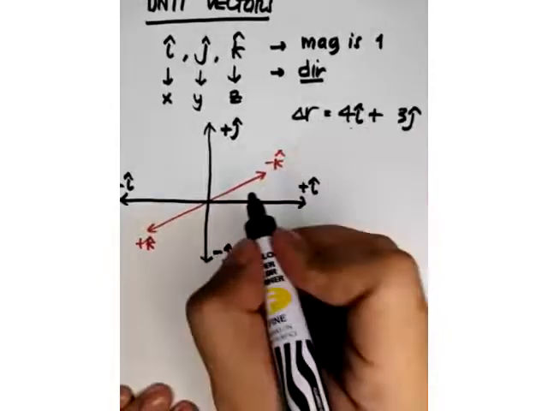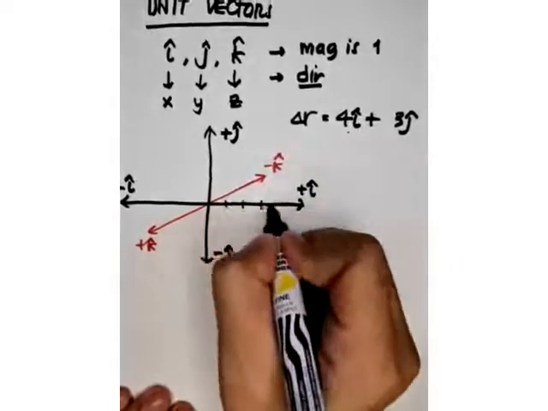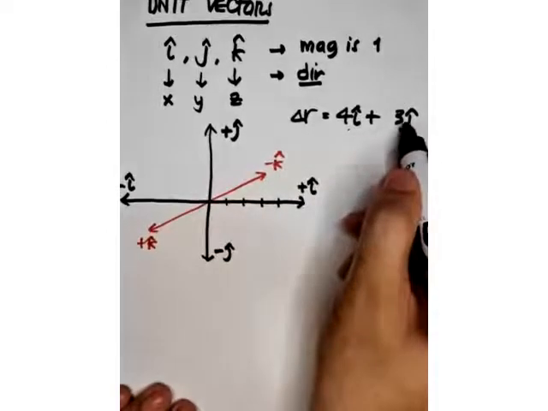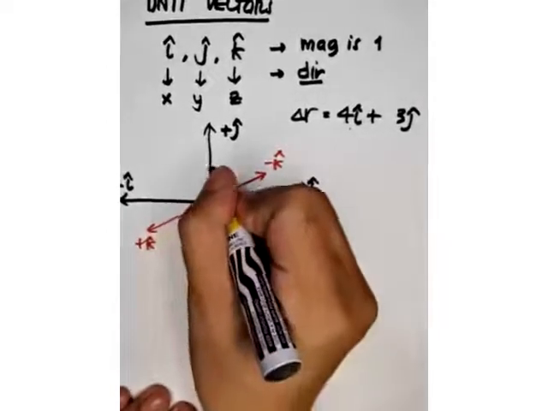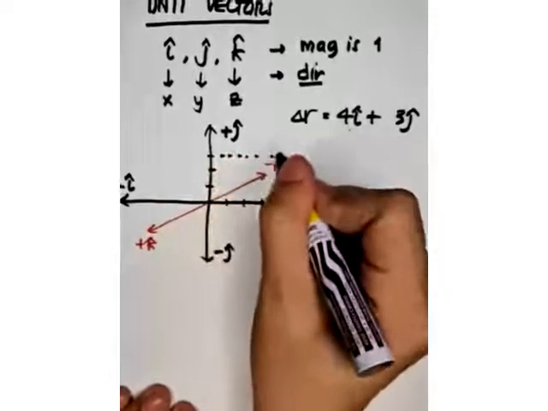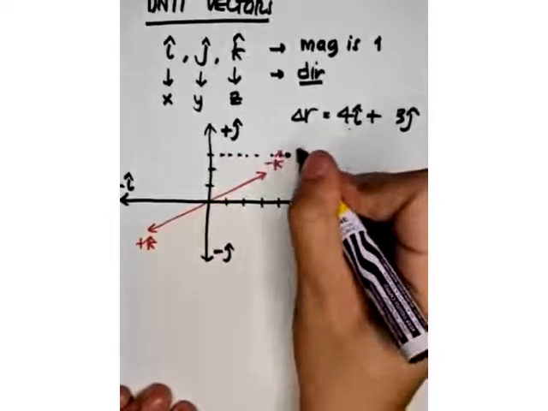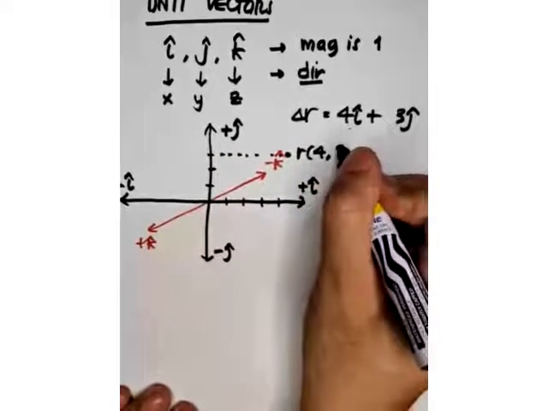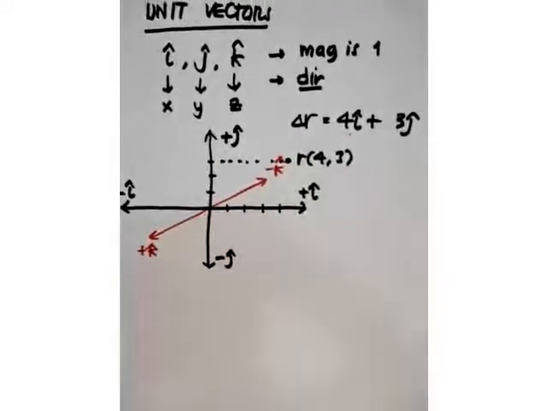Kung ipa-plot natin yan, 1, 2, 3, and 4. So that is 4 positive. And then yung J natin positive pataas, 1, 2, 3. So nandito yung R natin na final na 4, 3. Ayan, so we can write it as that one.